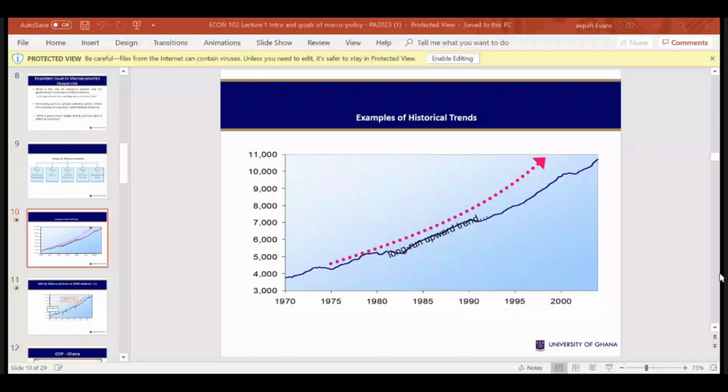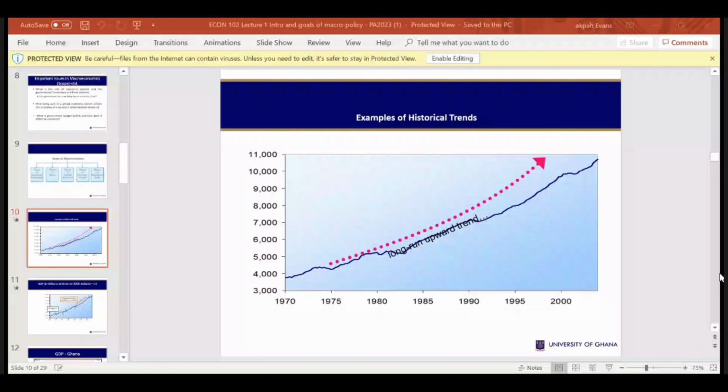Okay, so to summarize, normally when there is excessive money in the system, as is currently happening in Ghana, what they are trying to do is to reduce money in circulation.